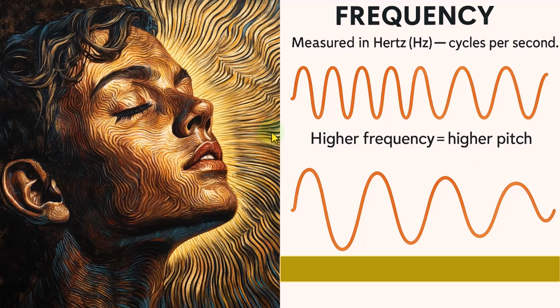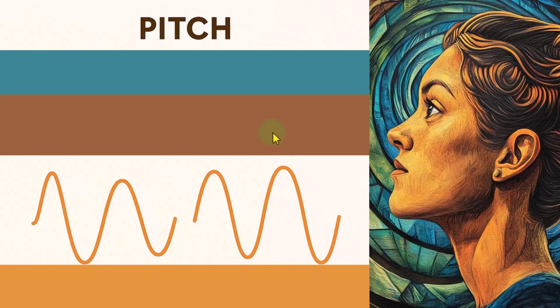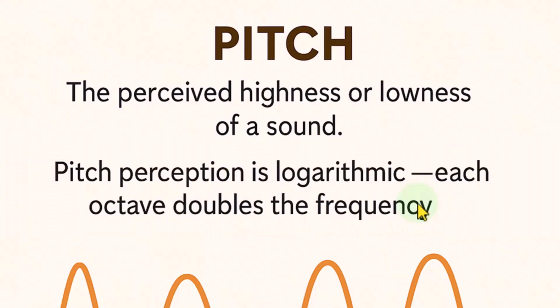So technically, when we look at the actual vibrating of the string, when we have a shorter string, which is what is happening when we put our finger down on a fret, that's going to change the speed of the vibration, which is going to change the pitch. So lower frequency has a lower pitch. The perceived highness or lowness, that's what the pitch is.